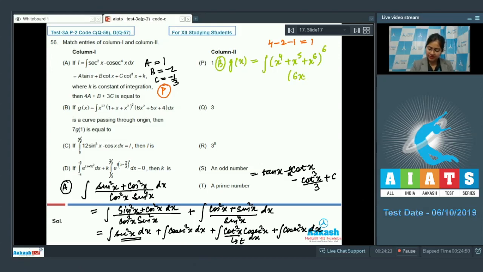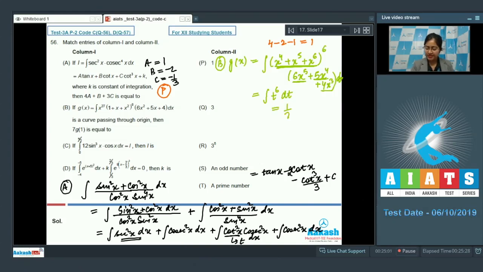So we have 6 into x raised to the power 5 plus 5 into x raised to the power 4 plus 4x cube into dx. Now taking x raised to the power 4 plus x5 plus x6 equal to t, we have 4x cube plus 5x4 plus 6x raised to the power 5 into dx equal to dt. So that is equal to the integral of t raised to the power 6 dt.